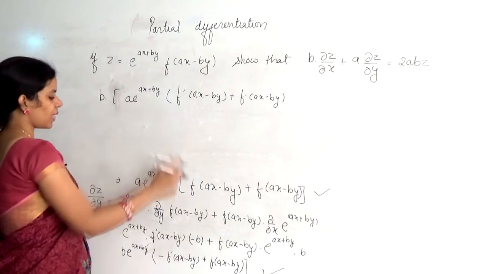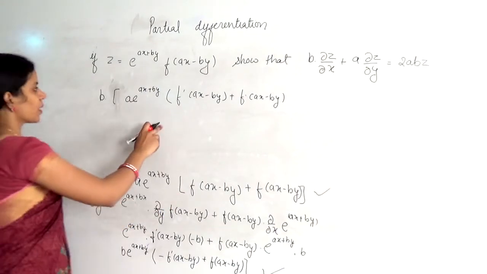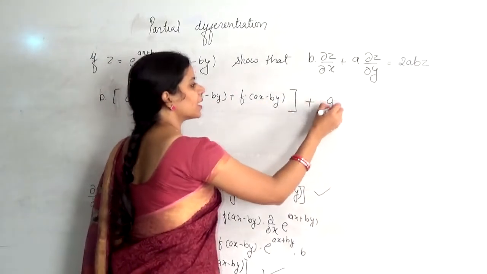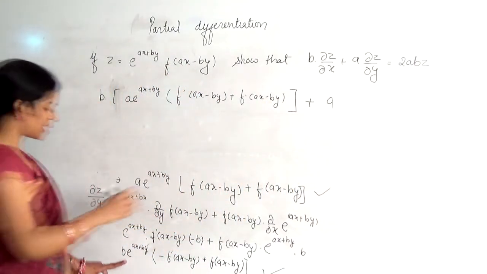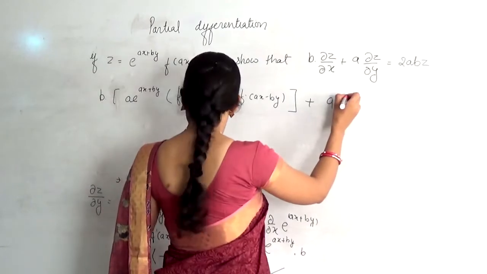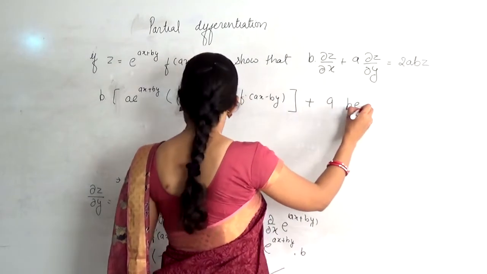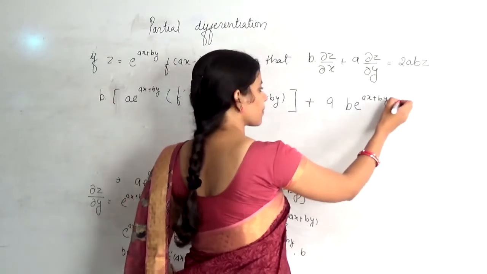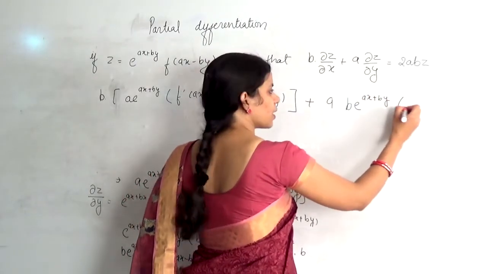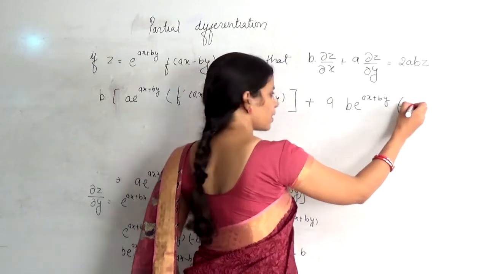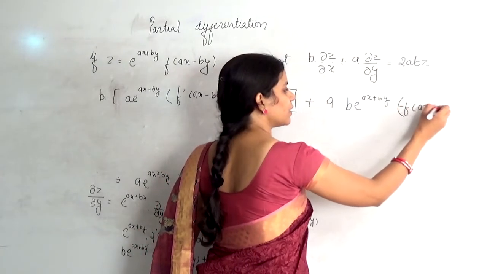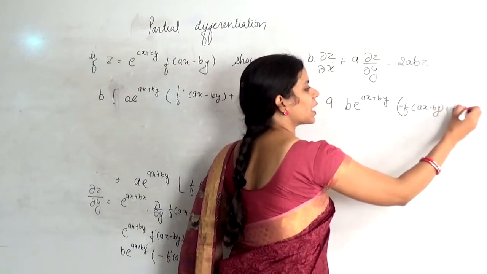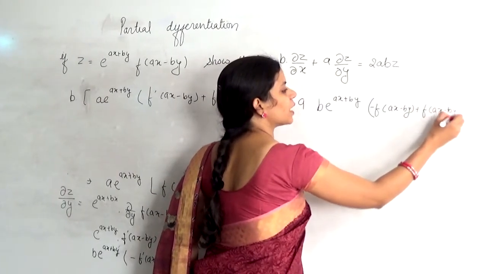Then we will put the value of ∂z/∂y here. This will be b e to the power ax plus by into minus f dash (ax minus by) plus f(ax minus by).